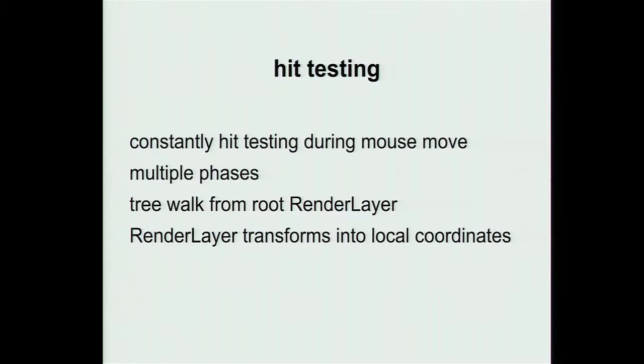And then hit testing. In a browser, you're constantly hit testing if you move your mouse. There are also multiple phases of hit testing. If you're just moving your mouse, you only care about the backgrounds of elements. You don't care if you're hitting the text or not, really. When you're doing selection, you care specifically about the foregrounds.